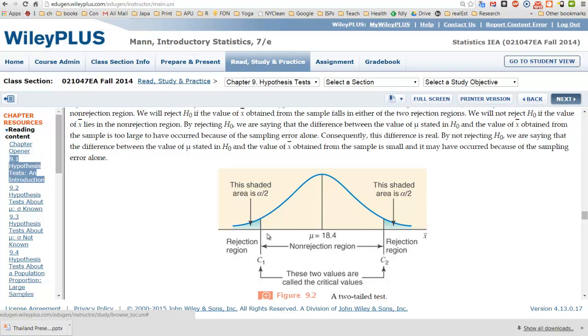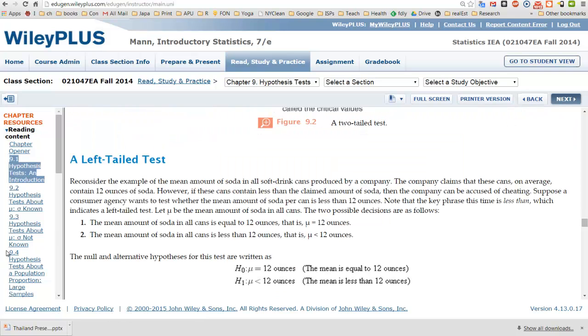Now if we get something really far away from here, like in here, then we're going to say we doubt that this is actually true, so we're going to reject the null hypothesis. If we get something within this region called the non-rejection region, we won't reject. But if we get something really far away, either out here or out here, and this is a two-tailed test, so either side will cause us to reject, then we will reject.